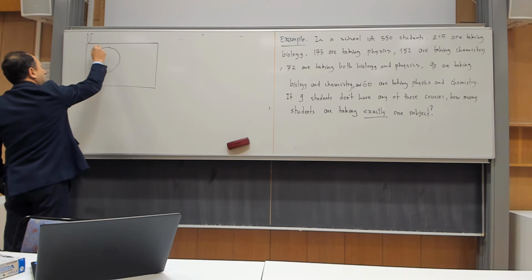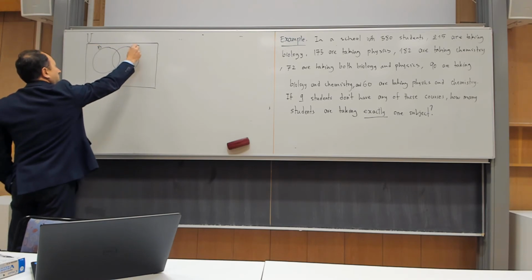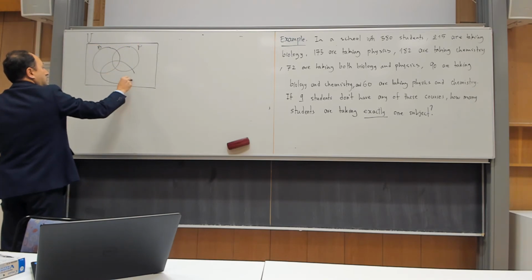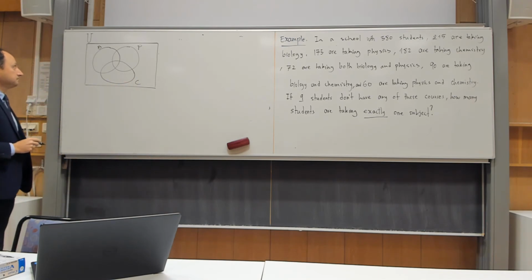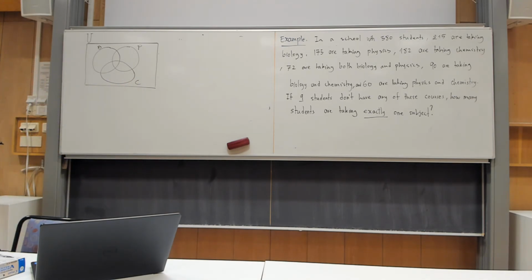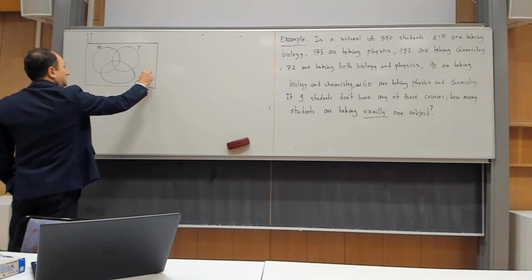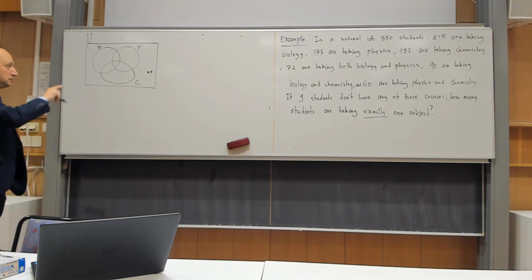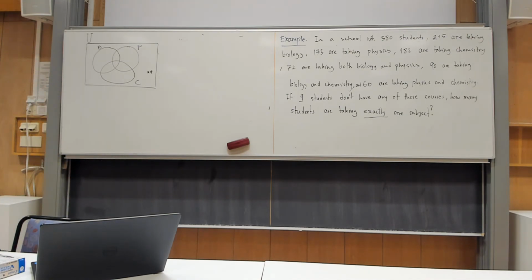So let us keep B for biology, physics, and chemistry. Okay, 9 students do not study anything, so 9 students are here.